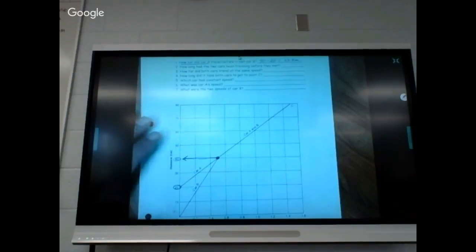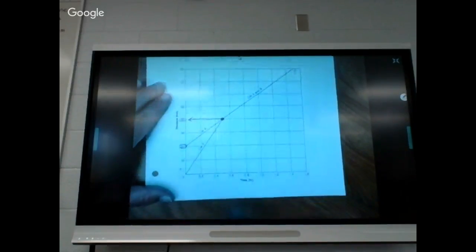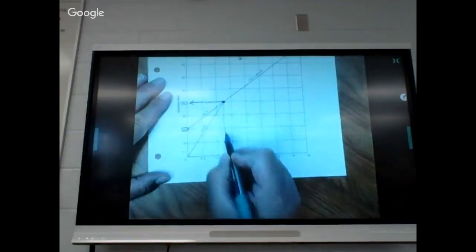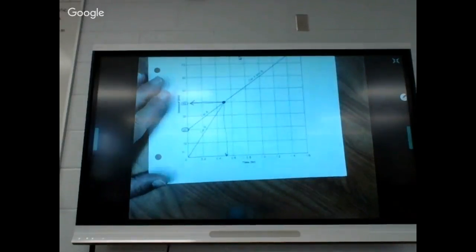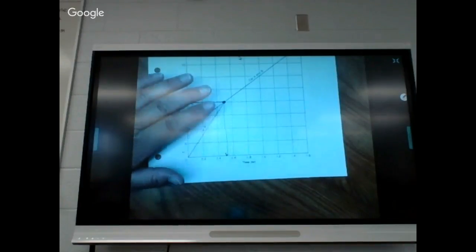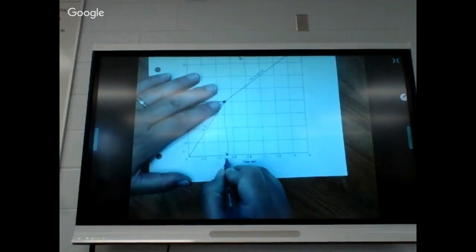Number 2, how long had the 2 cars been traveling before they met? Now, you've already put the dot there for where they met, right? Most of you looked down and said, oh, that's where they met at. But then you struggled with the estimate. What would you estimate that at? Okay, 0.5.